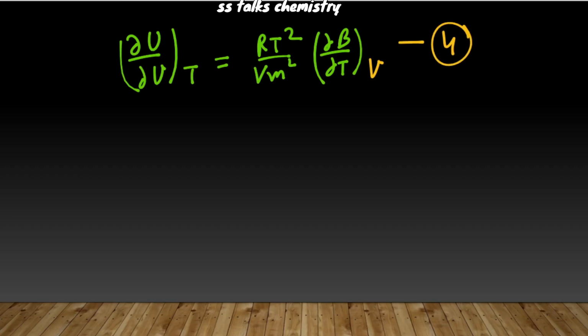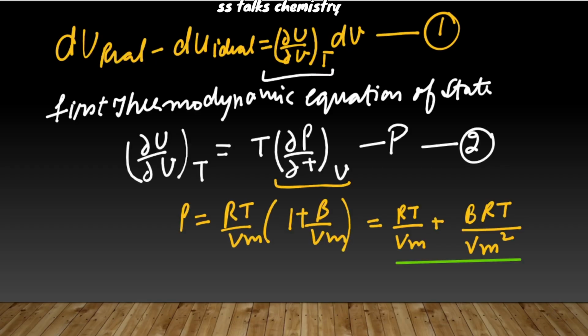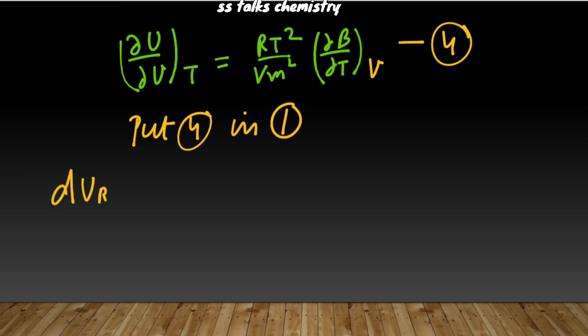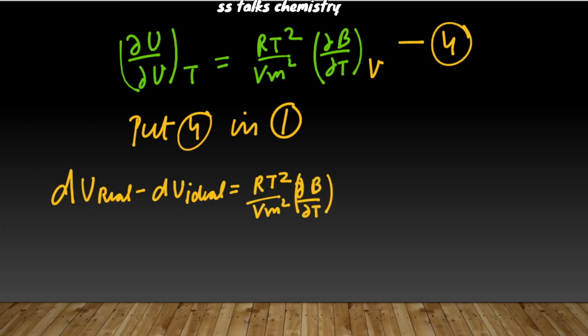So now put this back in your first equation, because del U by del V at constant temperature, this we wanted to find, and that we have done. So put 4 in the 1. So the difference between these internal energies, that is dU for the real minus the ideal gas, is equal to RT square upon the Vm square into del B by del T at constant volume, into the dV of it.